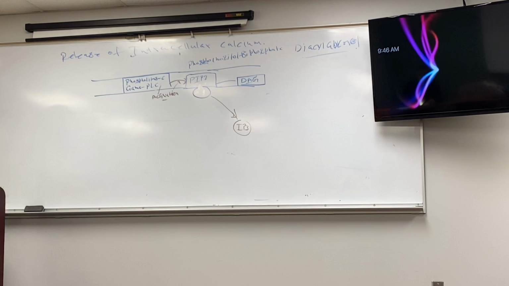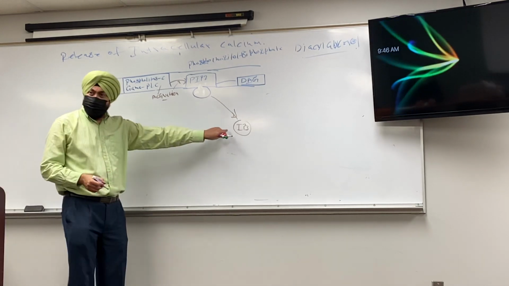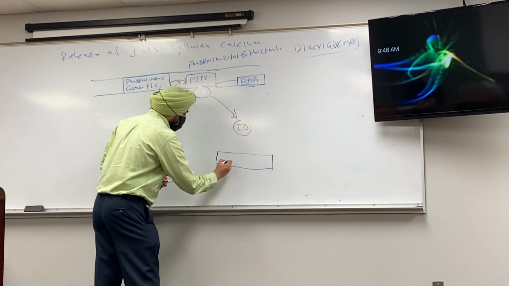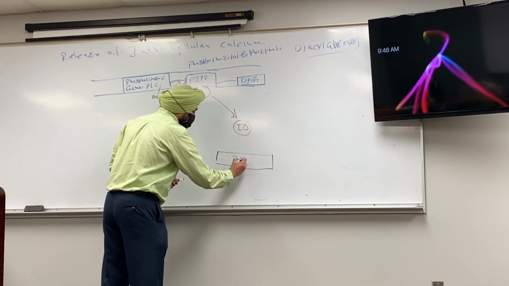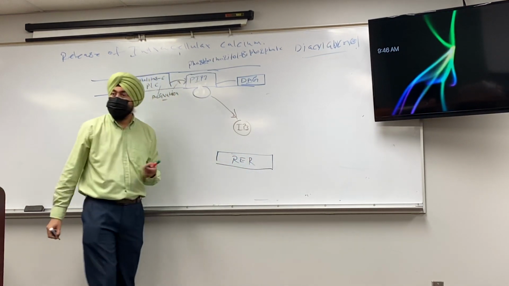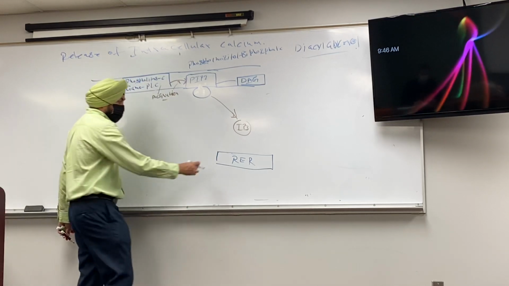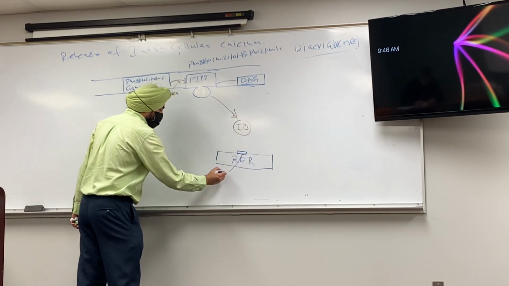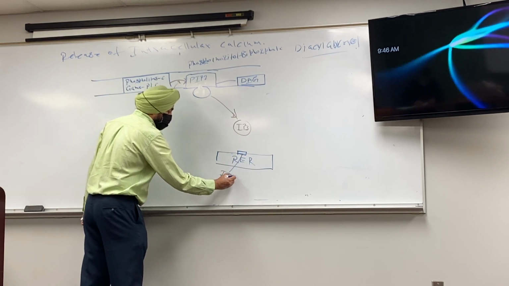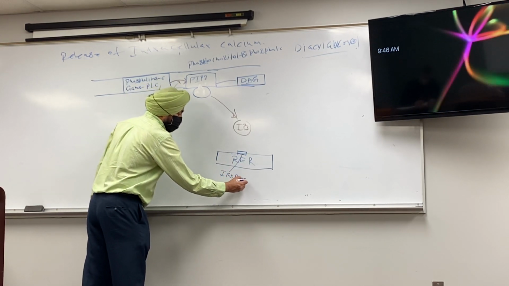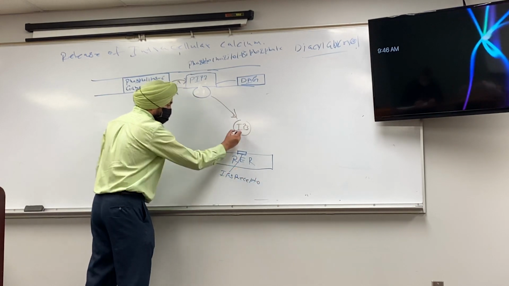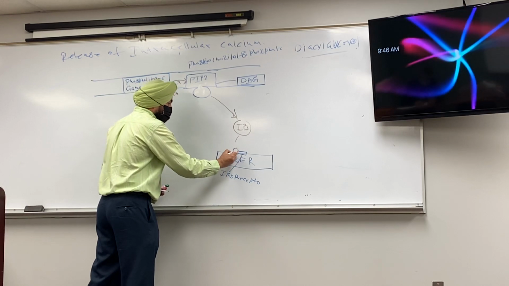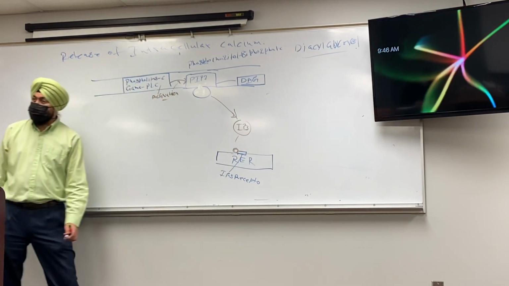Now what happened? This IP3 is going to the rough endoplasmic reticulum of the egg. Right here there is the IP3 receptor. So IP3 comes here and binds to the IP3 receptor.